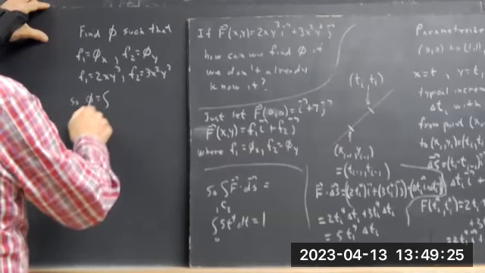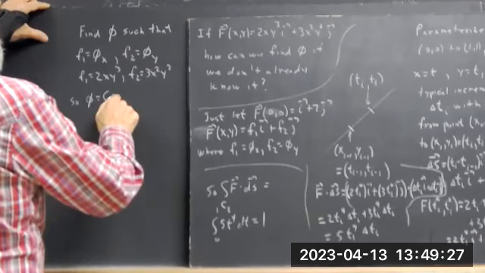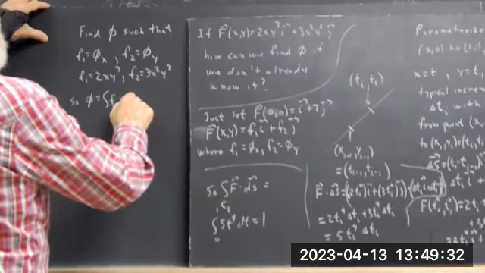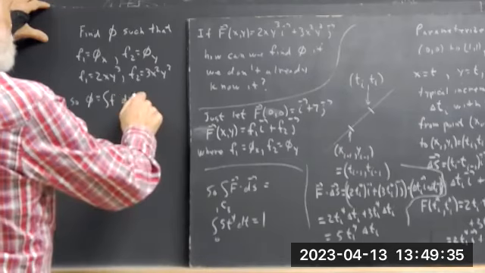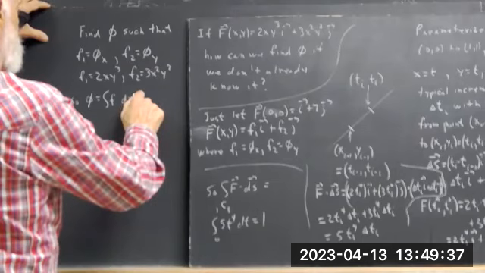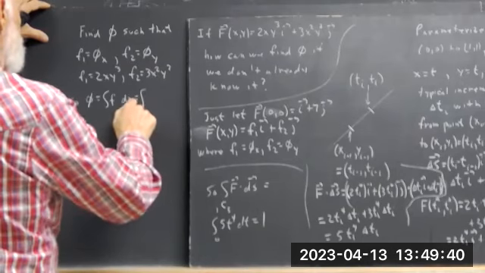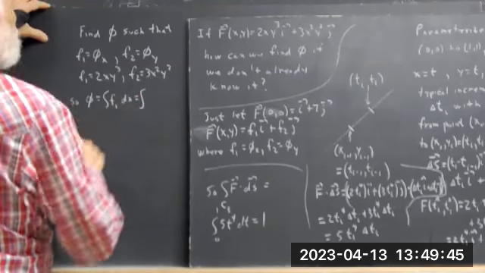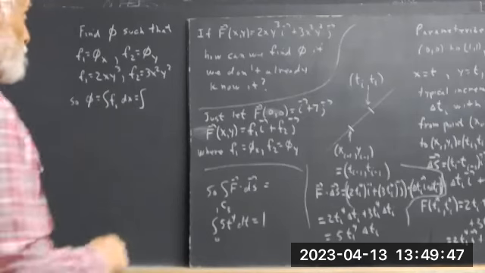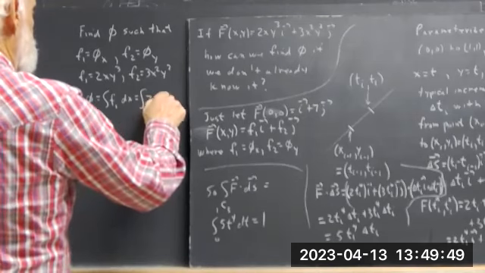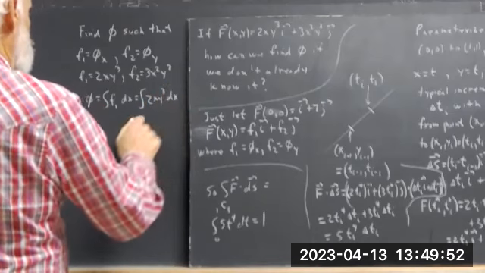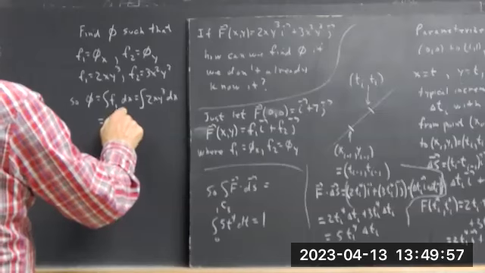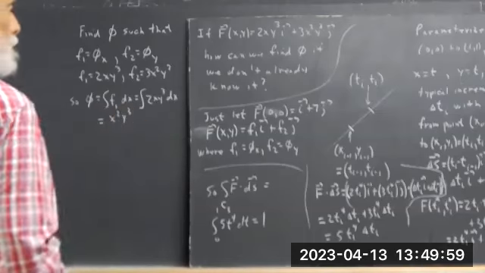It doesn't have to be an integral of F with respect to x, which would be an integral of 2xy cubed with respect to x, which is x squared y cubed.